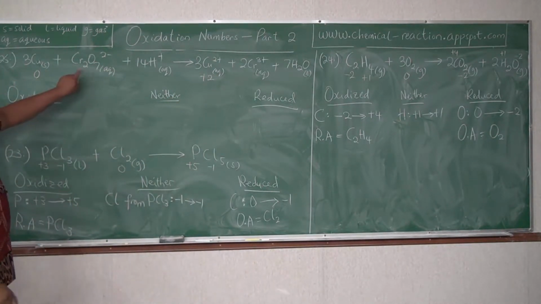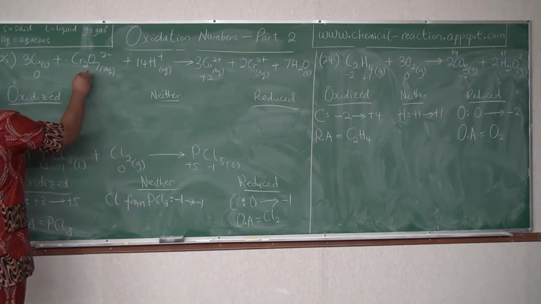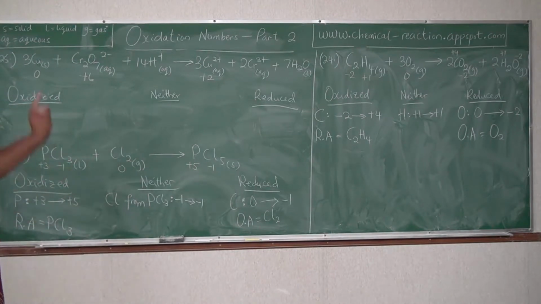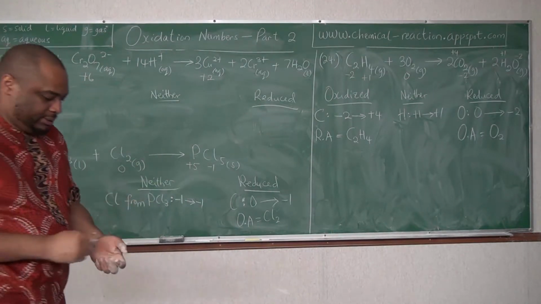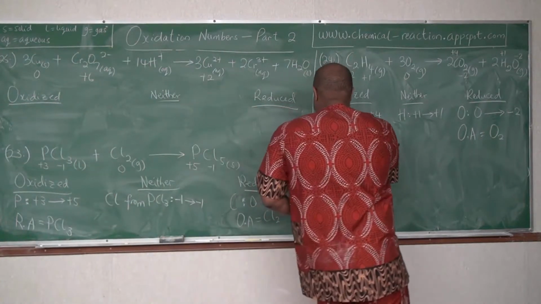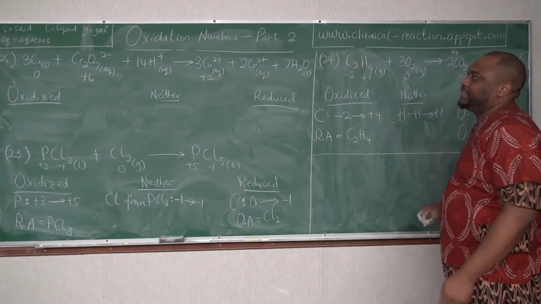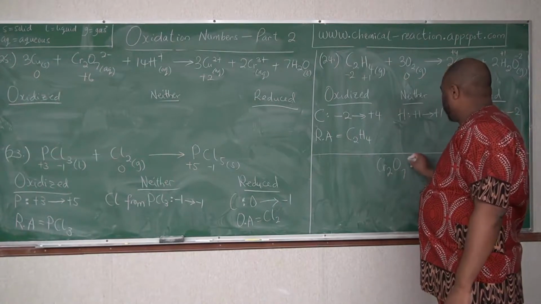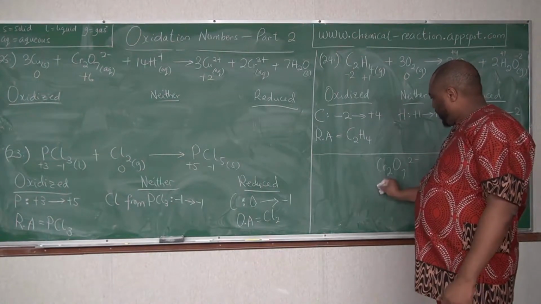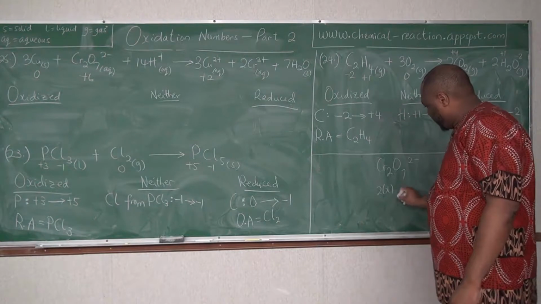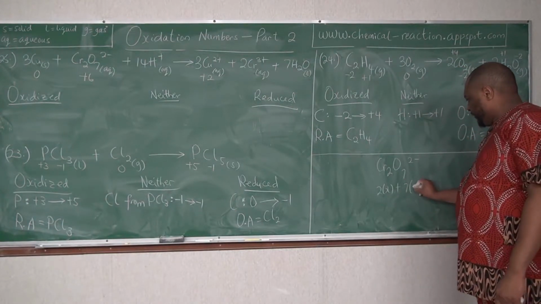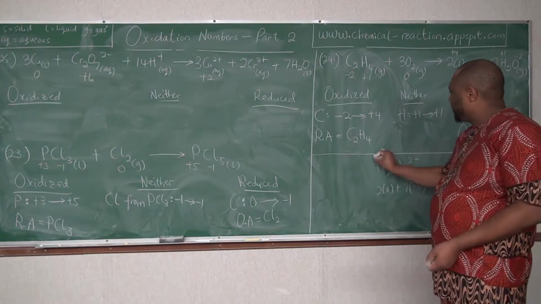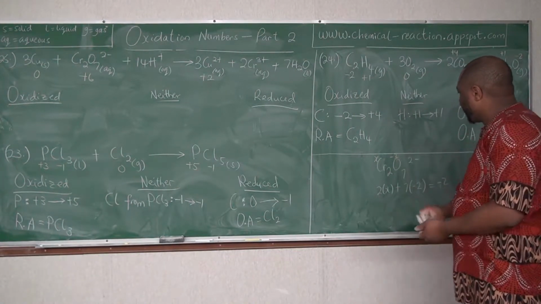Chromium here is +6, because this is the heptaoxodichromate(VI) ion. We have done this. So 2x plus 7 times -2 equals -2, because this is x and this is -2.